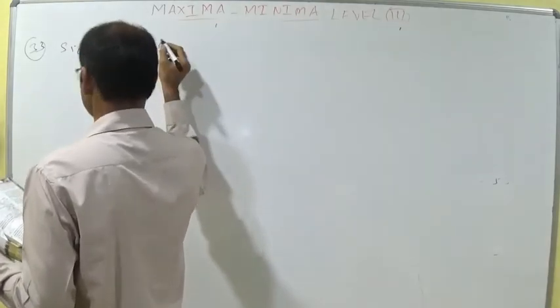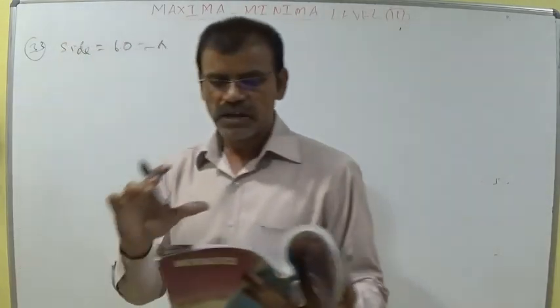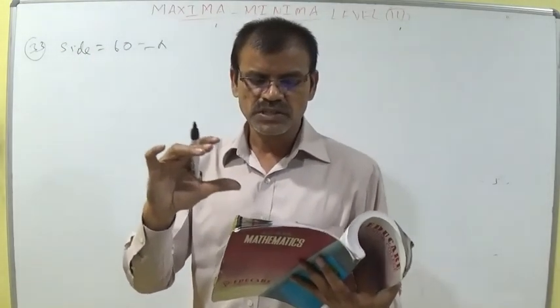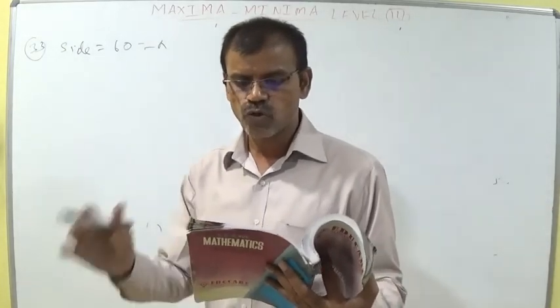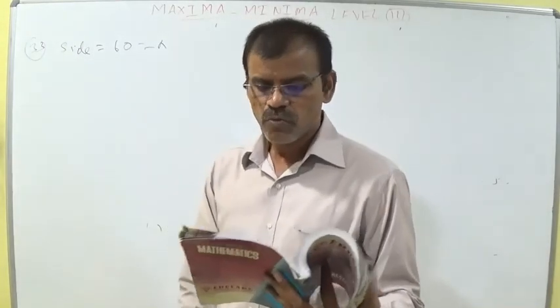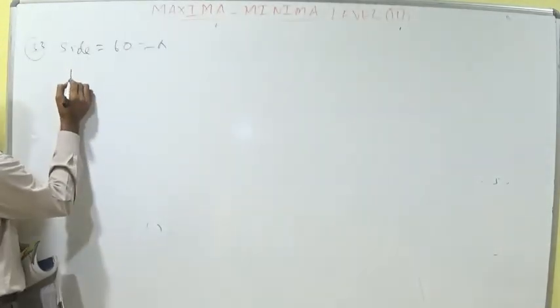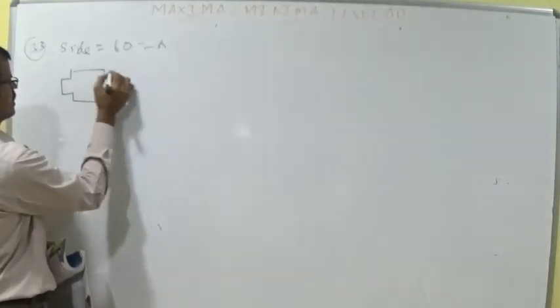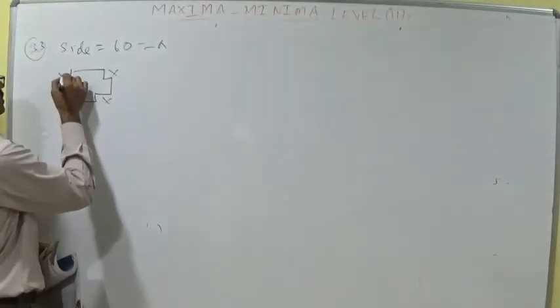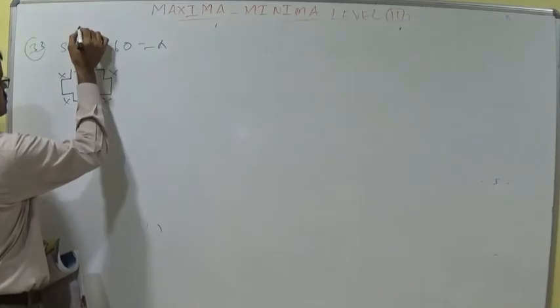If the side is A, then by cutting equal square pieces from the four corners and turning up the projecting pieces to make the sides of the box, the height of the box is x, a square side.